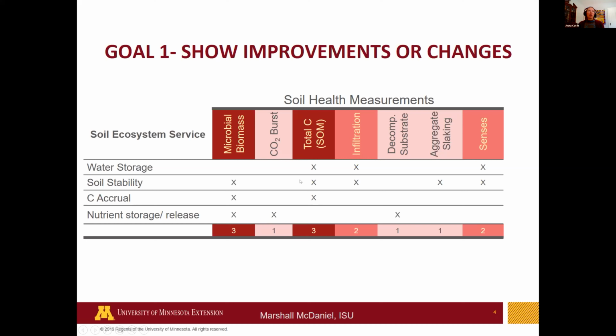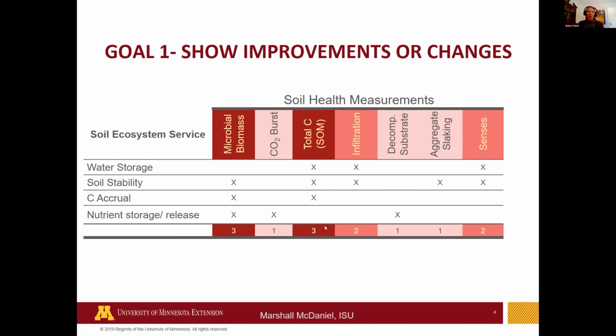So these tests are each rated essentially by how many ecosystem services they might be able to reveal the effects of. Total carbon or soil organic matter can predict most of these, again, because total organic matter is related to soil structure. I saw in the comments on Slido that somebody thought that soil organic matter should also be related to nutrient storage and release, and I agree that that's a borderline possibility.